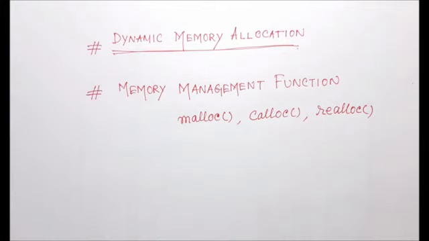Today I am going to discuss a new topic, dynamic memory allocation. In the previous lecture I discussed the preprocessor directive, how the preprocessor works, and what preprocessor directives are available in C programming.